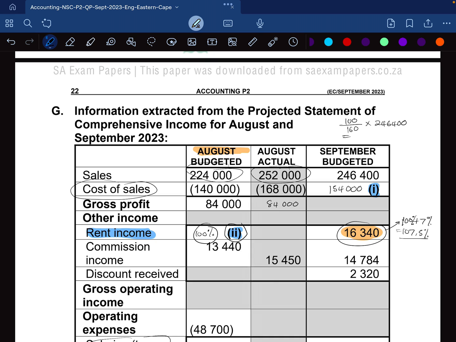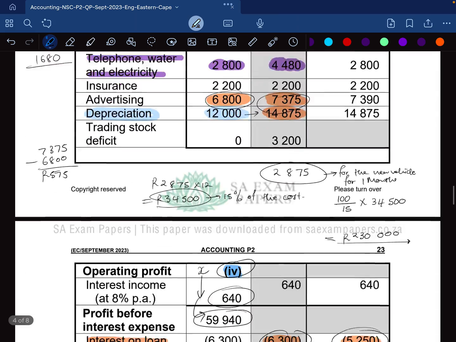The same gross profit was achieved, although she decreased her markup, but the sales were still the same. So she had more sales, but the cost of sales also did increase, but they increased due to her decreasing her markup. Okay, so we can state that her gross profit remained constant.